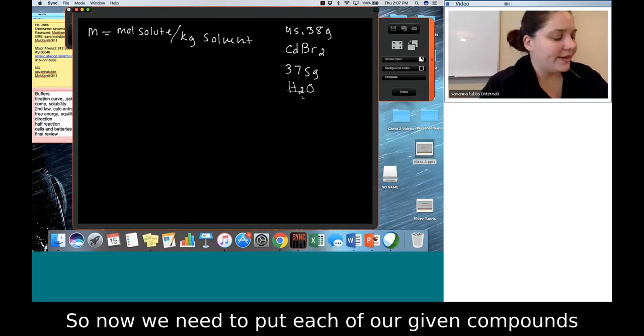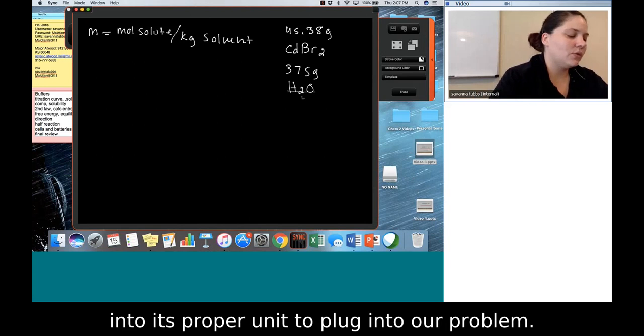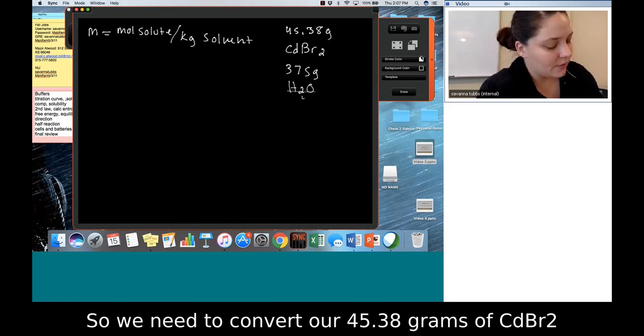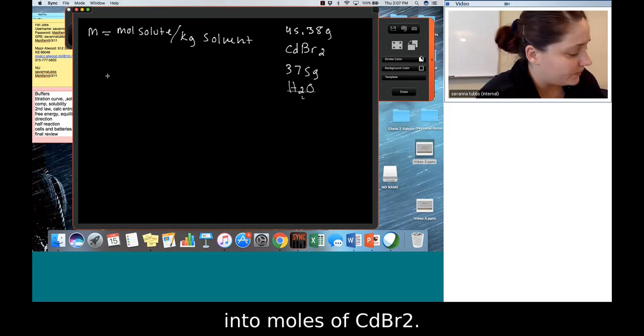So now we need to put each of our given compounds into its proper unit to plug into our problem. So we have moles of solute, but we're given it in grams. So we need to convert our 45.38 grams of CdBr2 into moles of CdBr2.